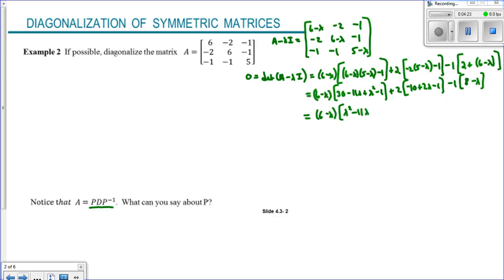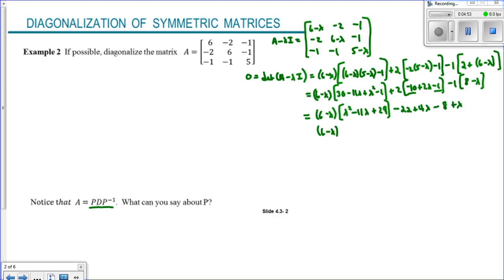Rearranging, cleaning up a little bit. I'm going to take everything past this first product, remove the brackets and combine like terms. So I'm going to have minus 10 minus 1 is minus 11, and then times the 2. So I'll have minus 22 plus 4 lambda, and then minus 8 plus lambda.